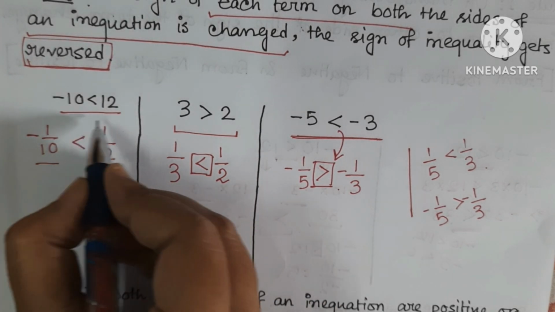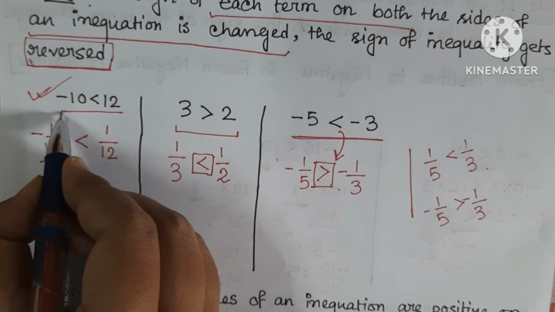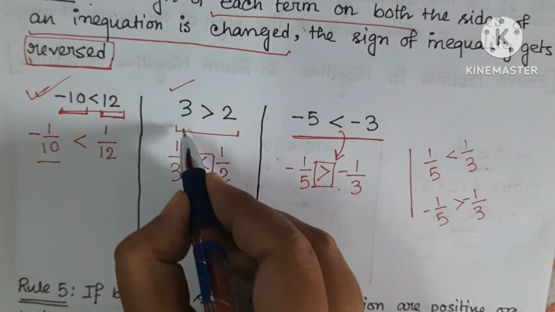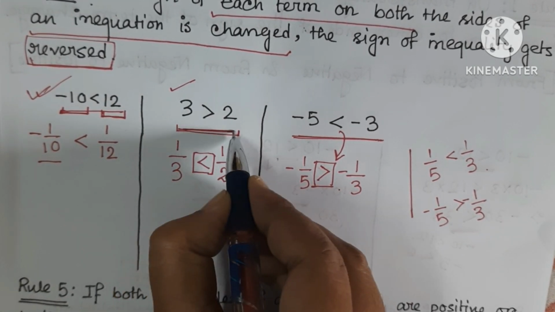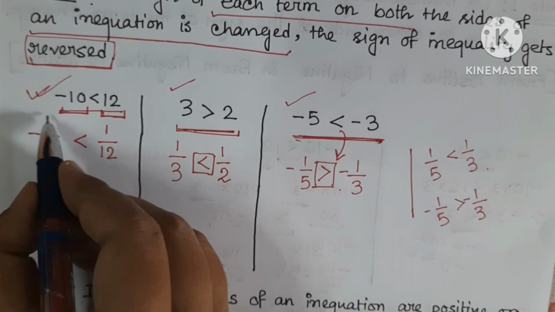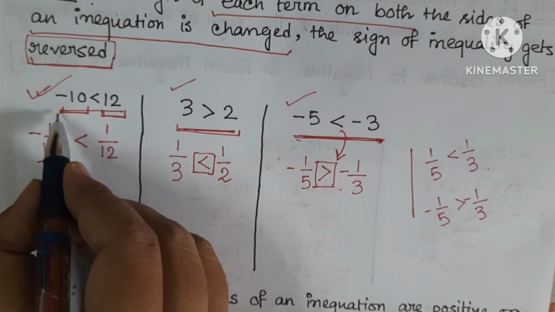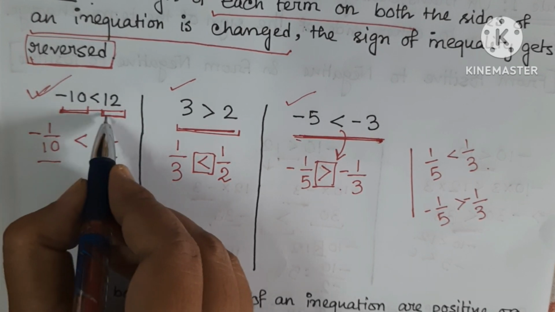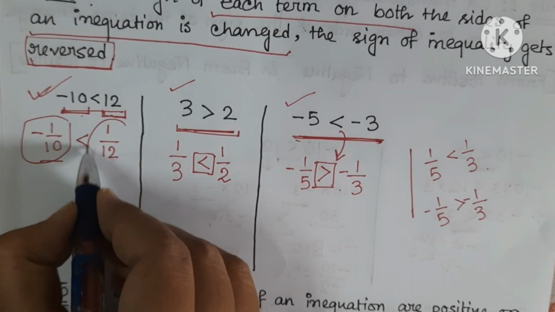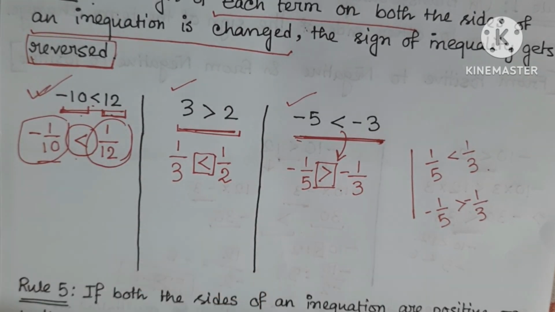Now, you see this inequation, in that case one side is a negative number, another side is a positive number. In the next, both sides are positive numbers, and in the last, both sides are negative numbers. In the first one, where one side is negative and another side is positive, if you take the reciprocal of both sides, the symbol of inequality remains the same.